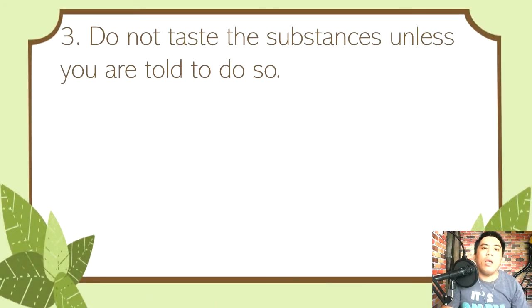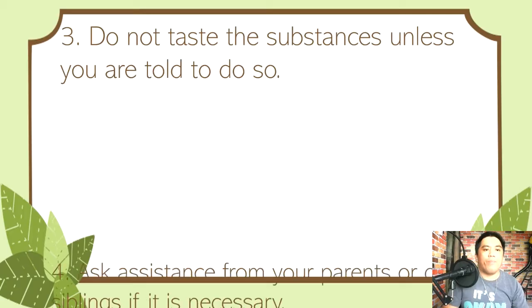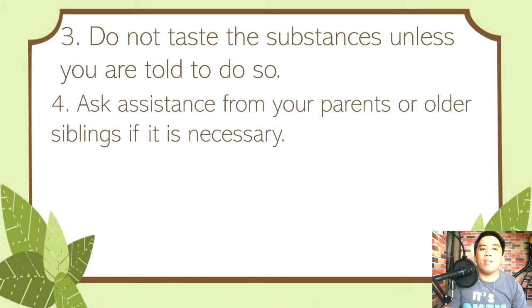Number 3, do not taste the substances unless you are told to do so. Don't taste what you are using in your experiment, unless your teacher tells you to. Number 4, ask assistance from your parents or older siblings if it is necessary. Don't be shy to ask for help from our parents or older siblings if needed.